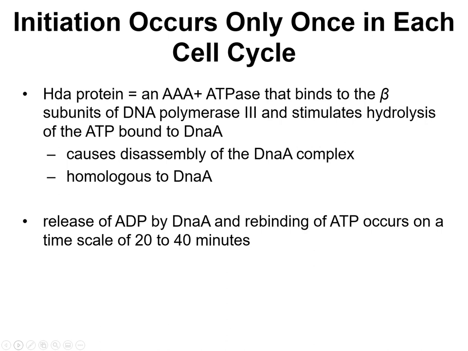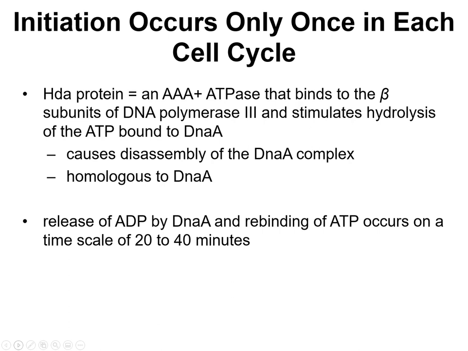Initiation actually occurs once in each cell cycle. So we're not just constantly making DNA all the time willy-nilly. There's timing involved. And once you get that started, you're not going to then say, okay, halfway through, we're going to initiate again and make some more.